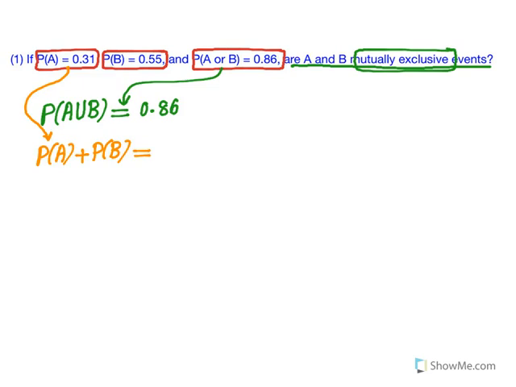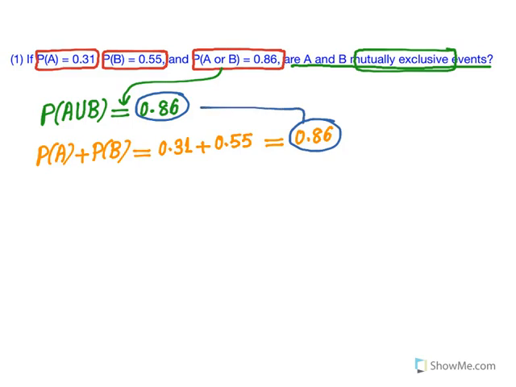Probability of A is 0.31 plus probability of B is 0.55. If you add these up, you'll get 0.86.